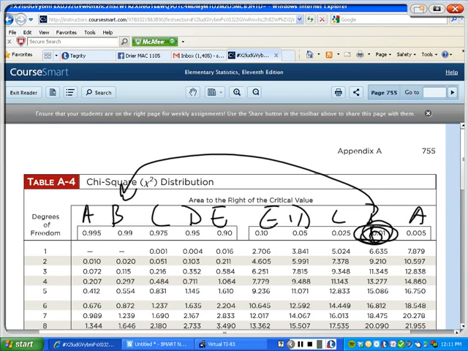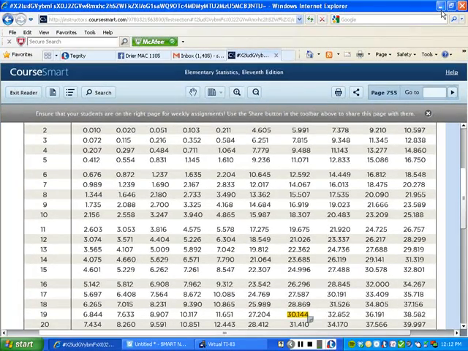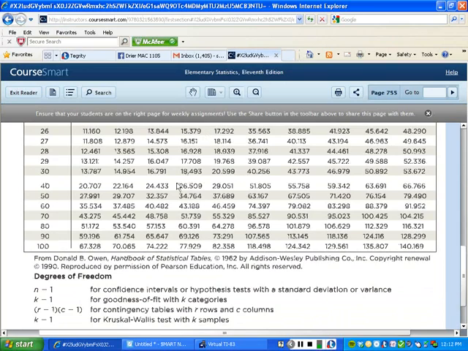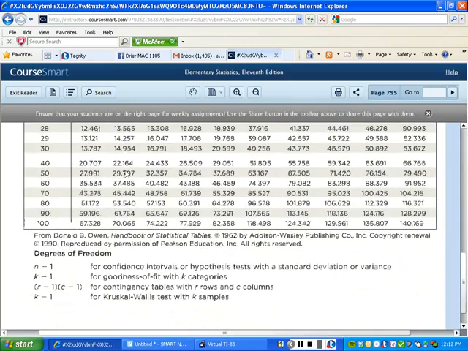Yes. Okay. So then going down to the appropriate value, in our case we're doing 40. I need to draw my letters again. There we go, right here. 22.164.